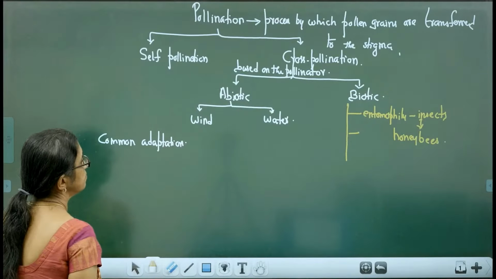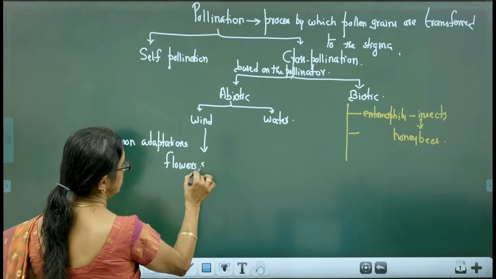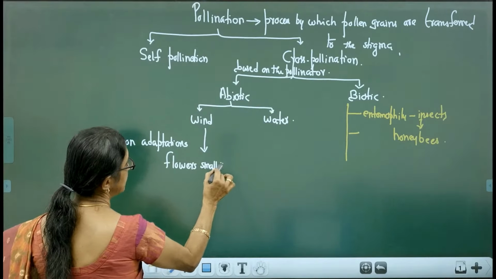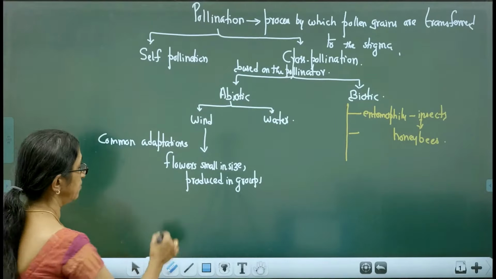Wind pollinated flowers are small in size, mostly grouped or produced in inflorescence. Then the corolla is not colored, and the flower is without honey.